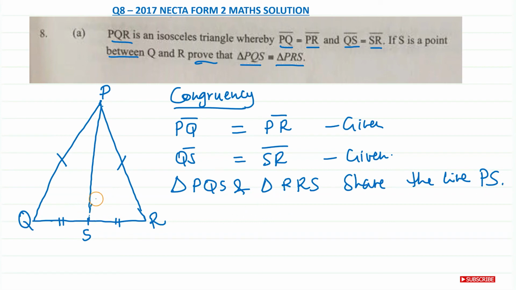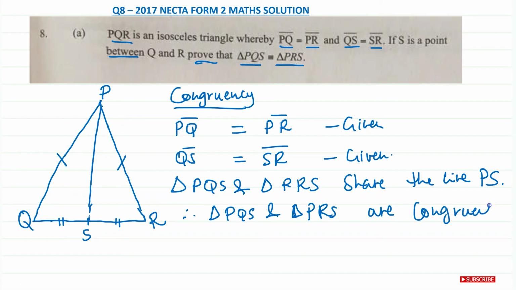So now we can see the triangles PQS and PRS are exactly the same size because all their sides can match. So we conclude, therefore, triangle PQS and triangle PRS are congruent, and the reason is side, side, side. All their three sides have the same dimensions. And that's that for question 8.